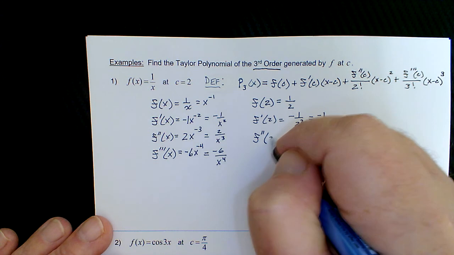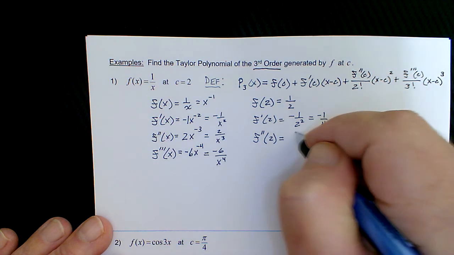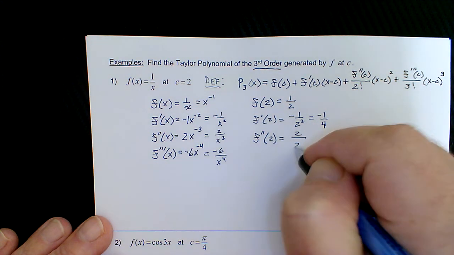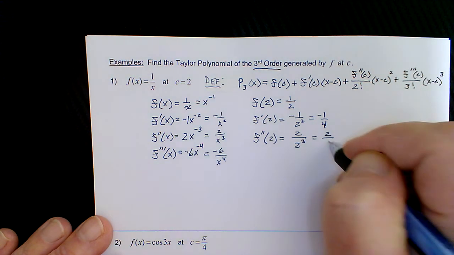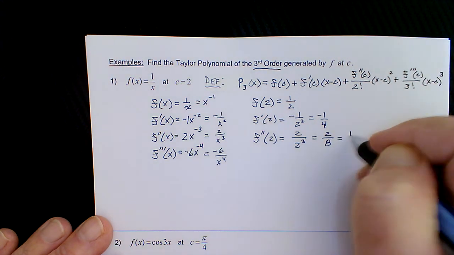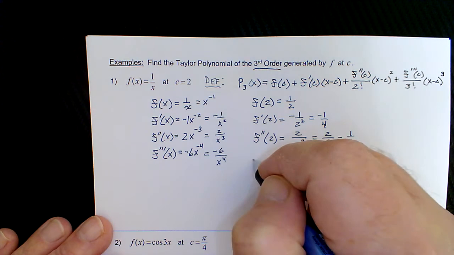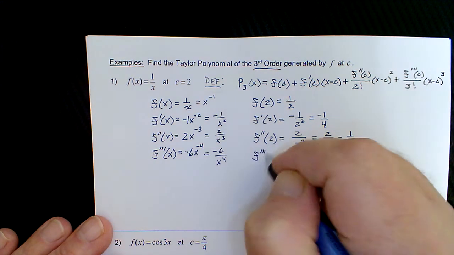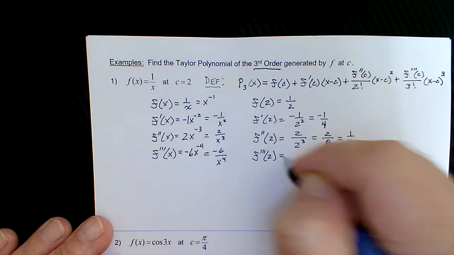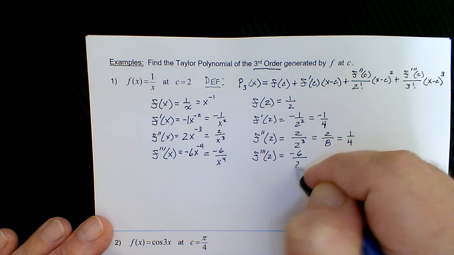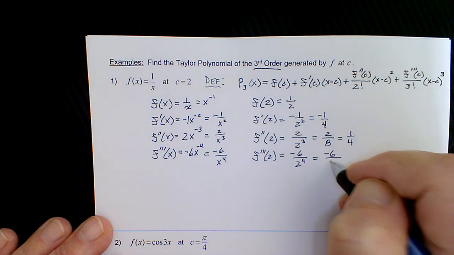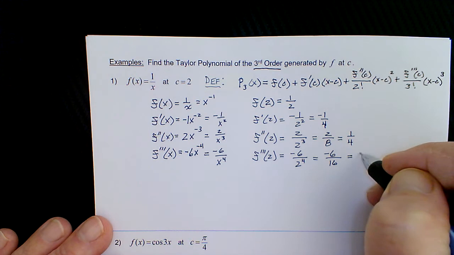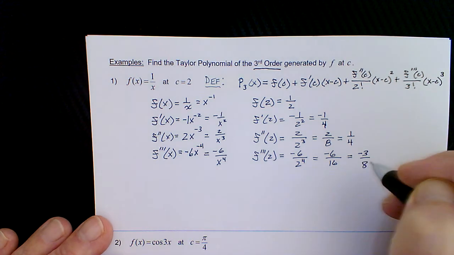So f double prime of 2 is 2 over 2 cubed. And again, I would say normally leave that, but 2 over 8, which reduces to 1/4. And f triple prime of 2, negative 6 over 2 to the 4th. That's negative 6 over 16, which reduces to negative 3/8.